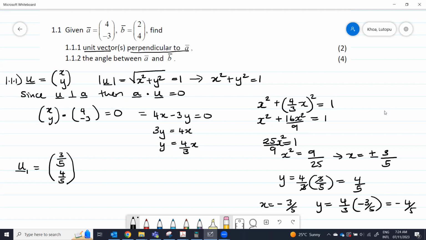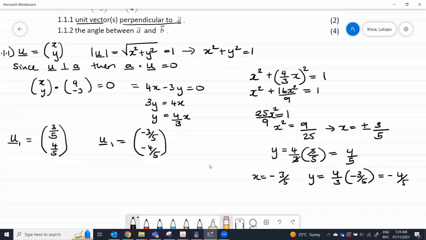So U1 is this, and then the second unit vector that is perpendicular to A is minus 3 over 5, minus 4 over 5. Okay, so you can work out the modulus of this vector. You'll see it is a unit vector, same as this one. And then if you take the dot product with A, they are in fact perpendicular.